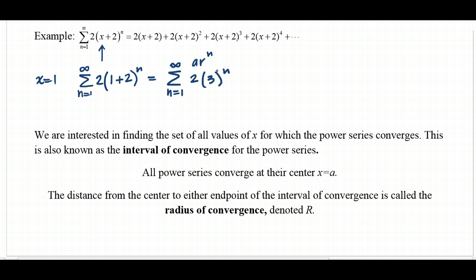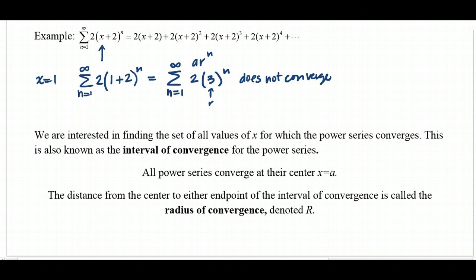And the only way that this can converge is if the absolute value of this r value is less than 1. And 3 is not less than 1. So this series does not converge at x equals 1. Or it diverges, which means that x equals 1 is not in the interval of convergence for this power series.